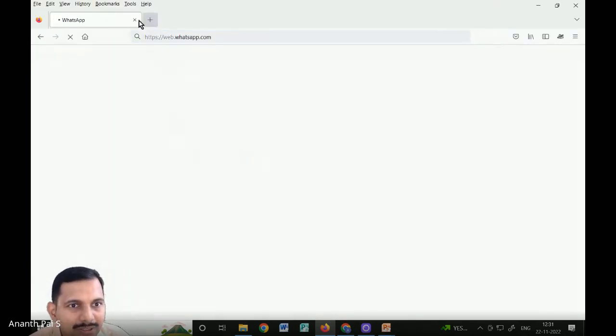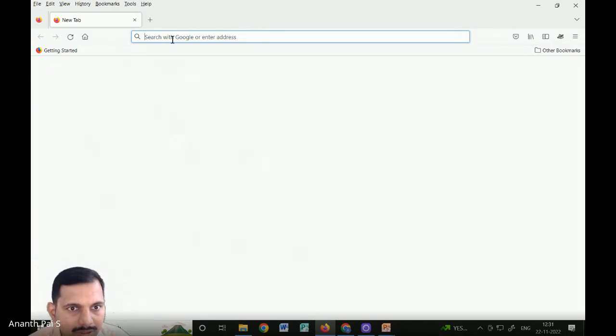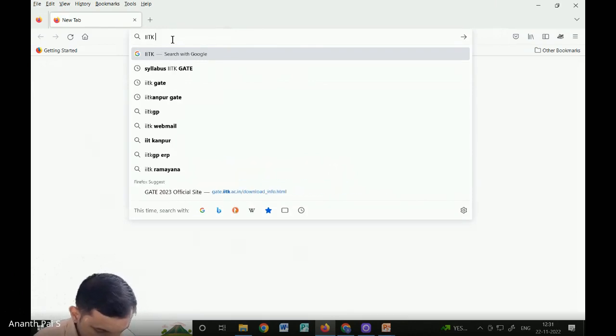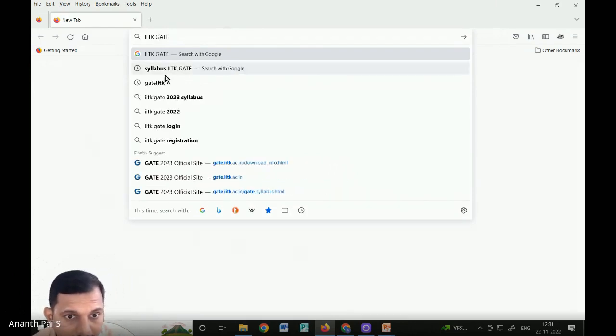So let us go. This WhatsApp is not required. So let us go with IITK GATE.